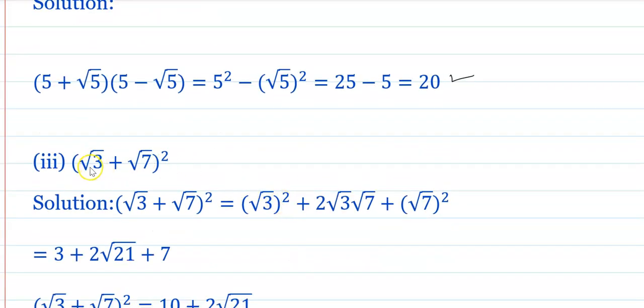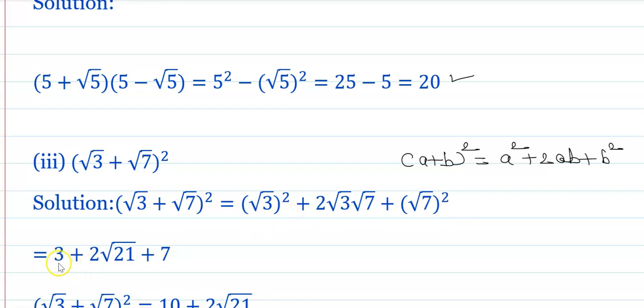Next, root 3 plus root 7 bracket square. Now expand this by using the a plus b bracket square formula. Here you will get a square plus 2ab plus b square. That is root 3 square plus 2 into root 3 into root 7 plus root of 7 bracket square.